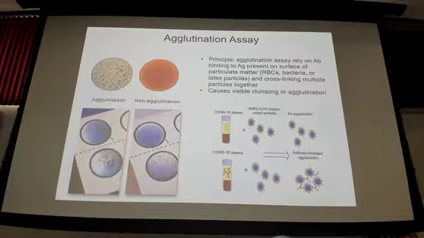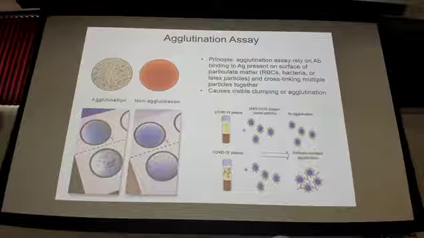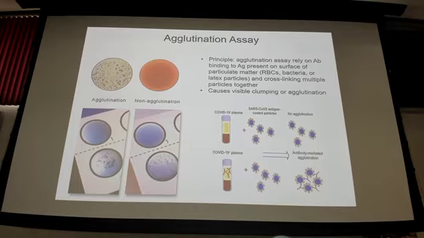Yeah. And are some of these quantitative as well, or is it just showing exposure at some point? With agglutination assays, I think they're pretty binary, qualitative. I don't know of any quantitative agglutination assays. If you want quantitative information, ELISAs are generally what you would use for immunoassays.